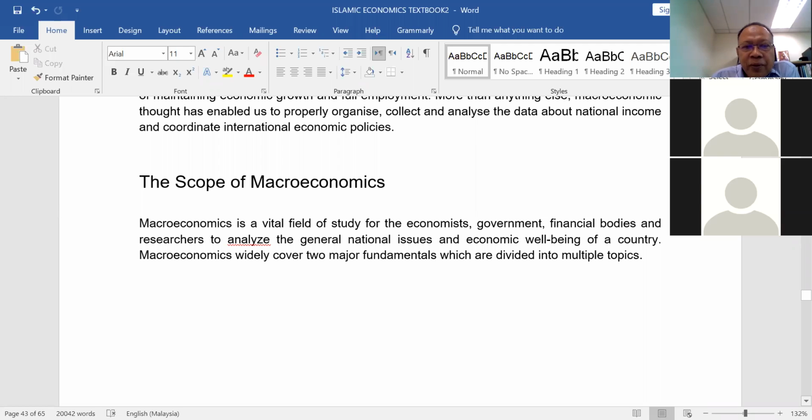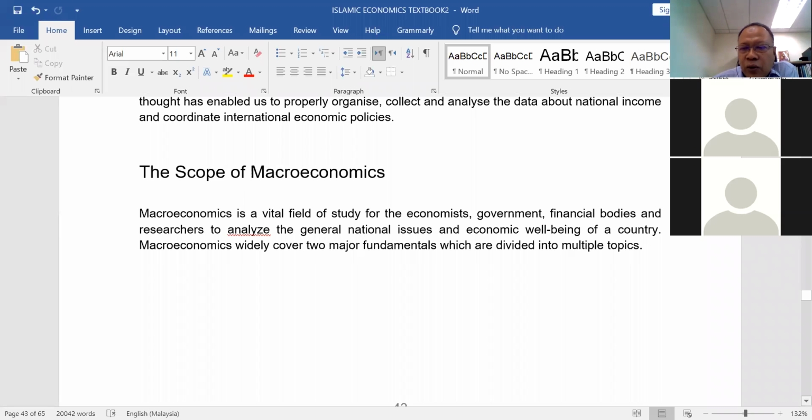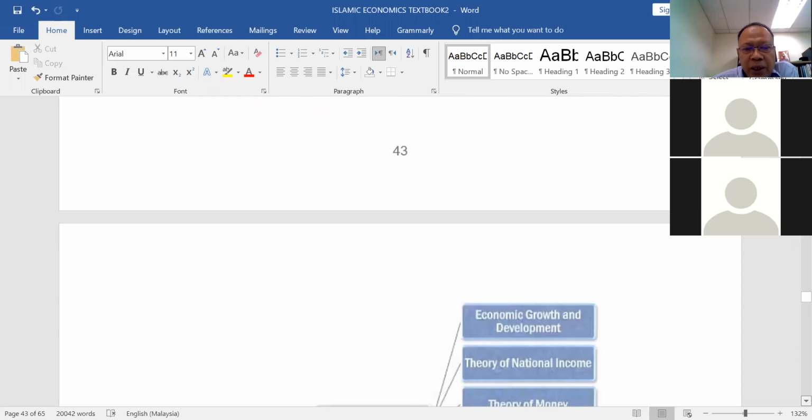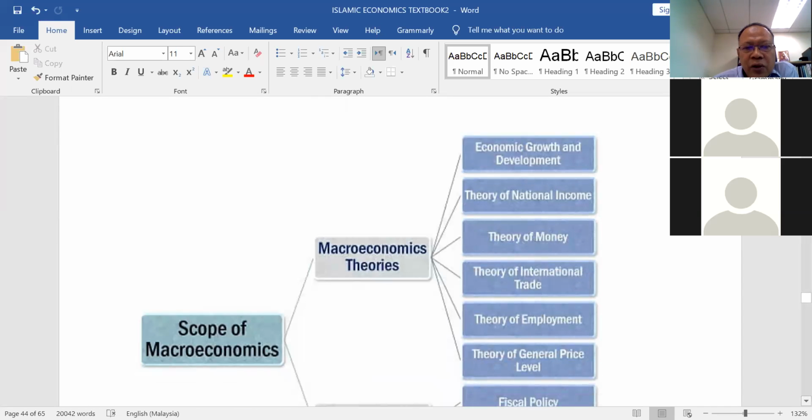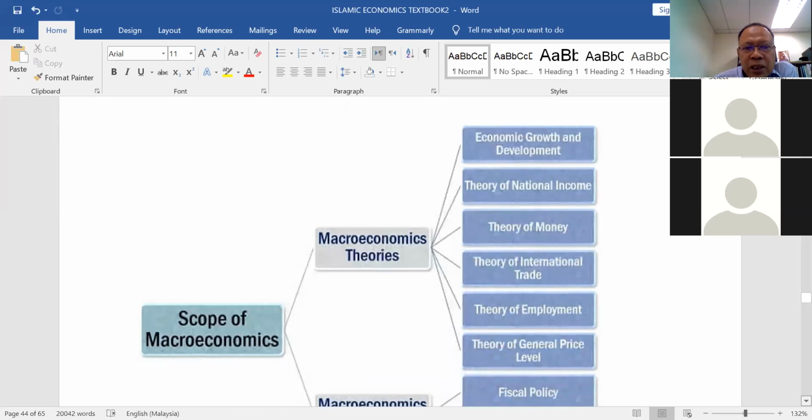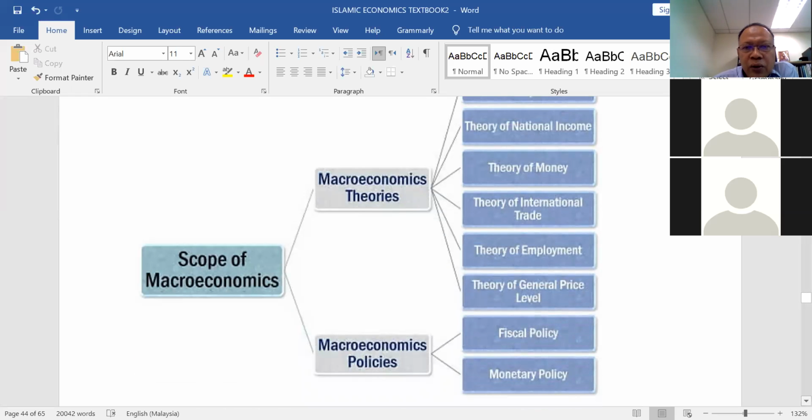So macroeconomics widely covers two major fundamentals, the two main fundamentals, and we divide into several topics. So these are the scope of macroeconomics. There are two scopes. One is macroeconomic theories.